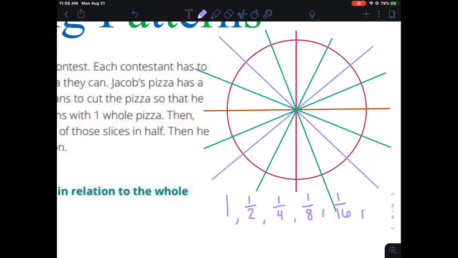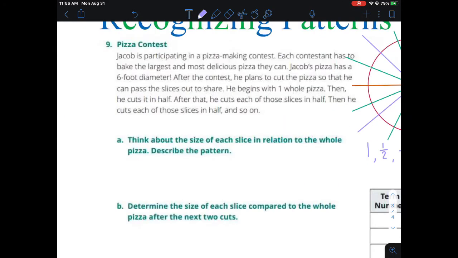Okay? And then I'm not going to draw in more slices because it's going to get really messy really fast. What do you think our next slice would be? Look at the pattern of what's going on and try thinking about what the next term would be. For part A, think about the size of each slice in relation to the whole pizza.